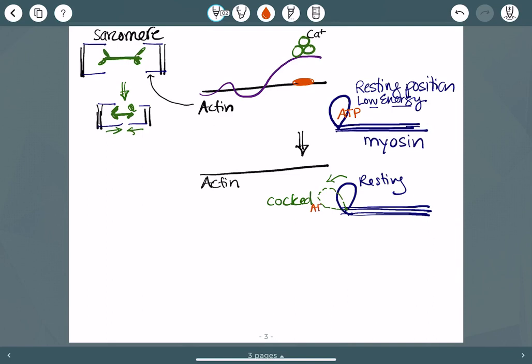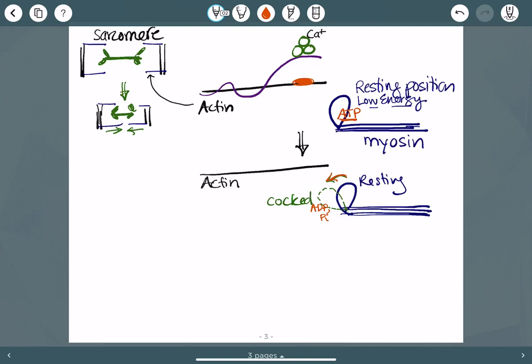So now you'll have ADP and a freed phosphate, and the energy released from this ATP is actually used to cock the myosin head. And it pulls the head into a high energy position. And that high energy position should make you think of a slingshot that has just been pulled back.